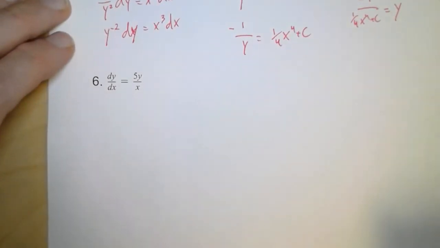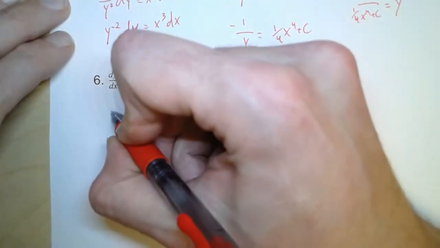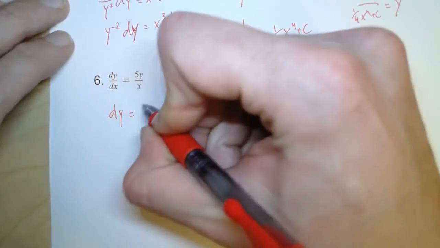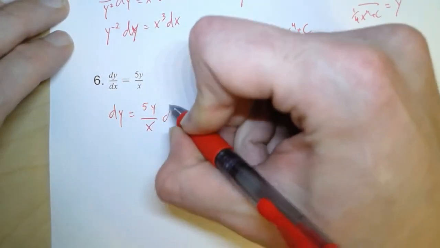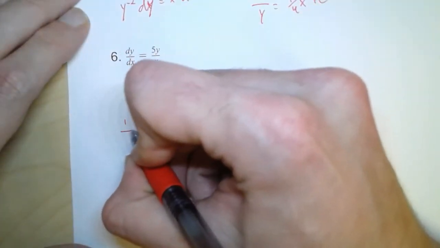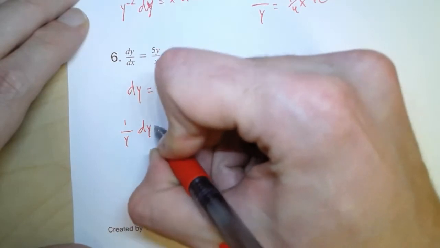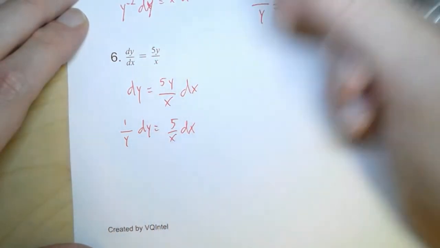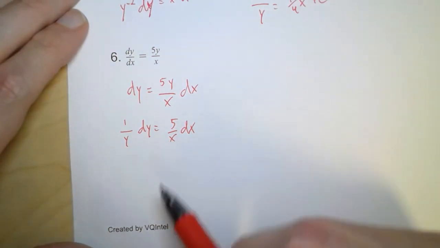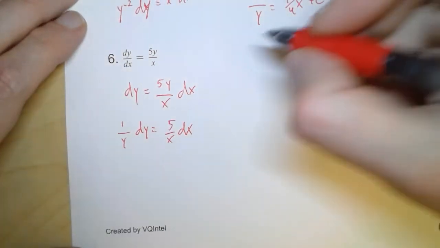For number 6, when we multiply by dx, we get dy equals 5y over x times dx. We have to divide both sides by y. So I have 1 over y dy equals 5 over x dx. So now everything is separated. So now I can integrate.